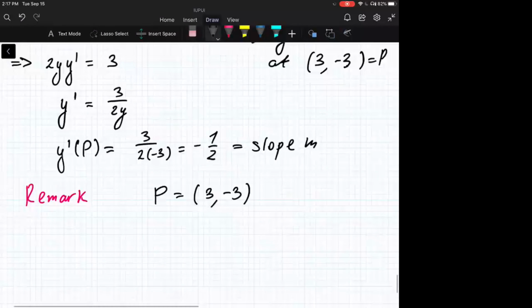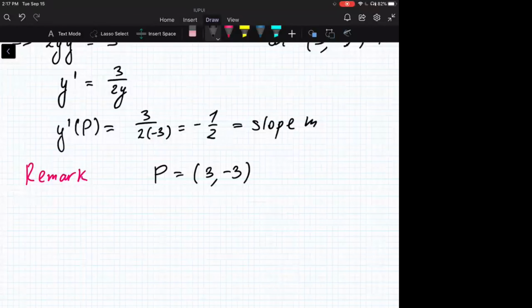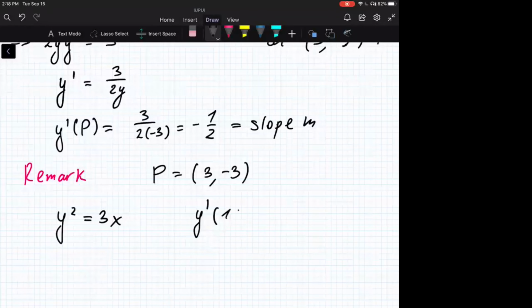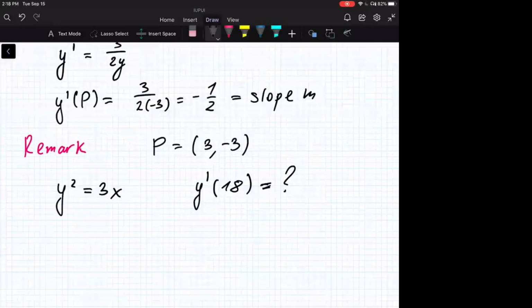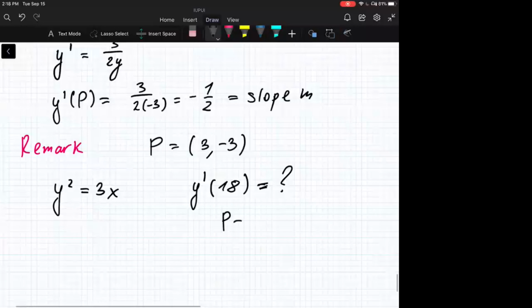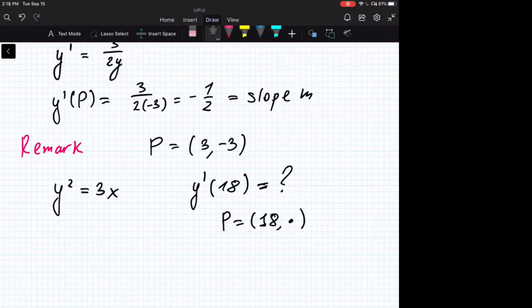So suppose you have y squared is equal to 3x, and what is the y prime at point 18, for example. So what is the difference? The difference is that you know only the x coordinate of P. So P has coordinates 18 and something that you don't know from the beginning.